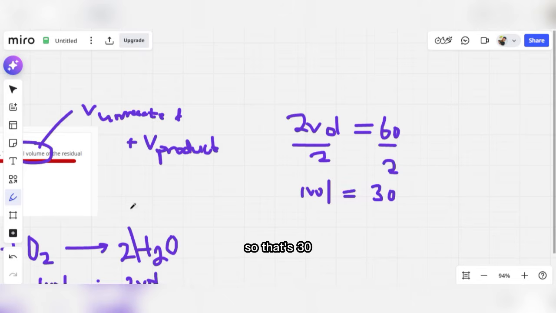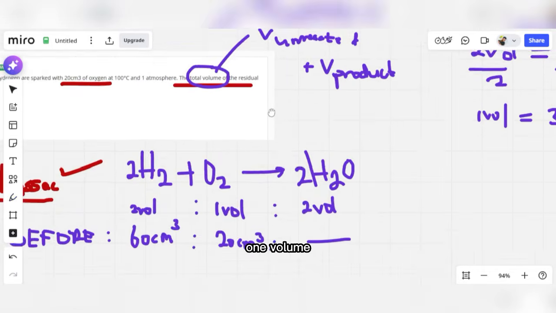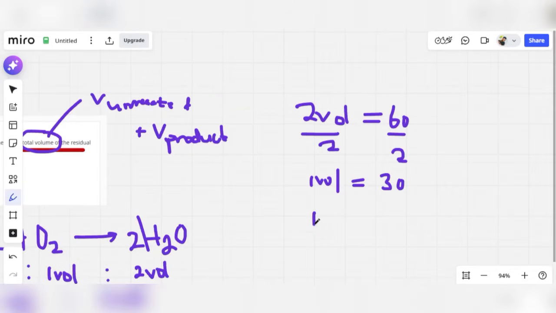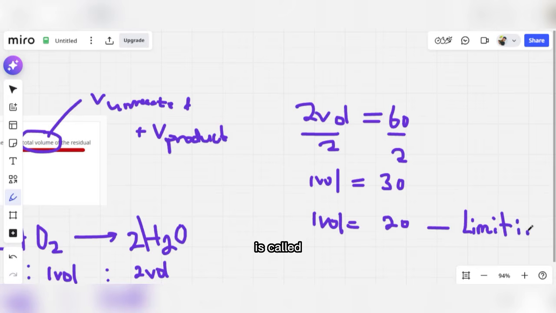So that's 30. And the other one volume was 20. That's for oxygen, 1 volume was 20. So the one that is smallest is called the limiting reagent. And the one that is biggest is called the excess.